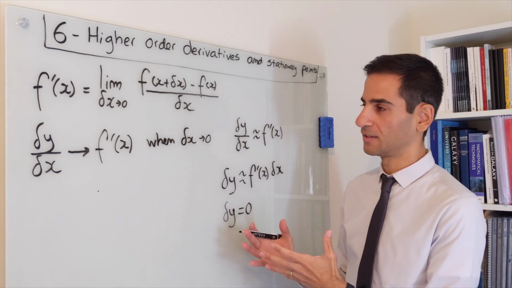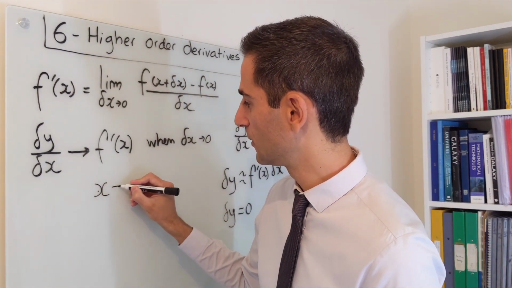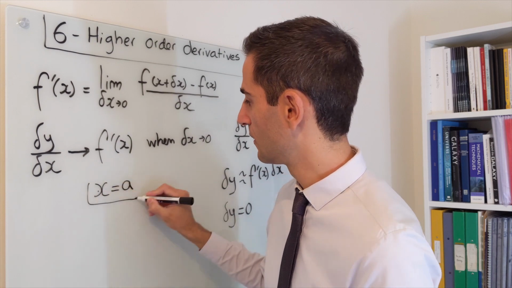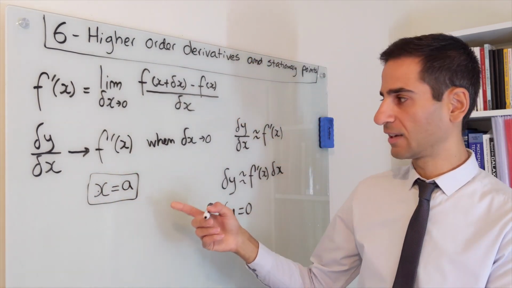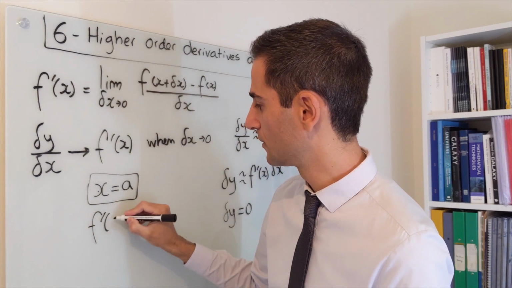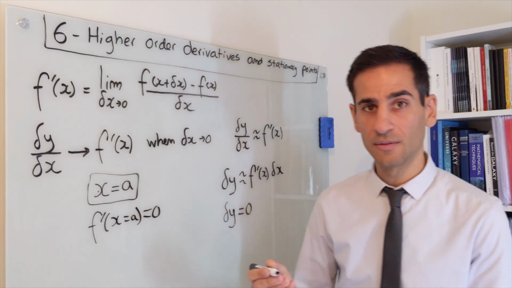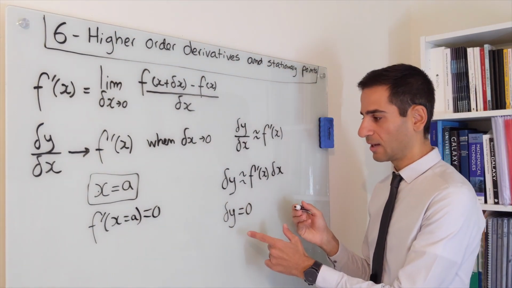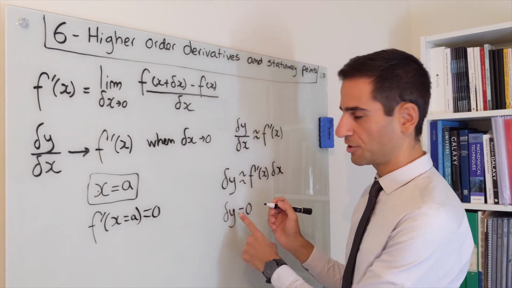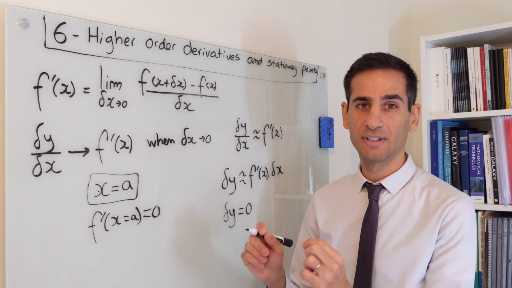And this implies that if we think about a point, say x equals a, if for that specific point x equals a, the derivative of the function is equal to 0, then it implies that this change in the function at that specific point is 0.